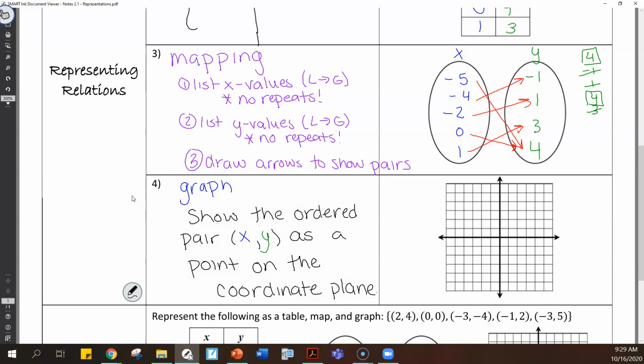So I'm going to copy down my list of ordered pairs just for ease of access here.